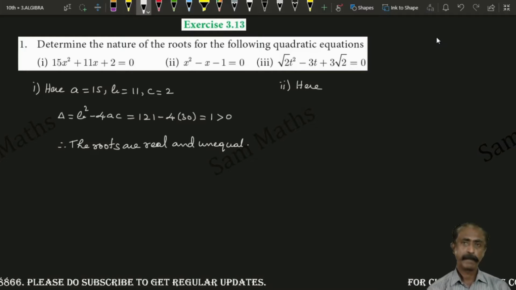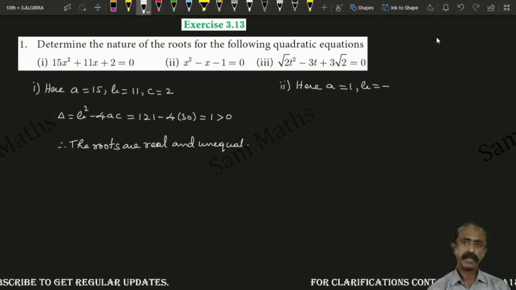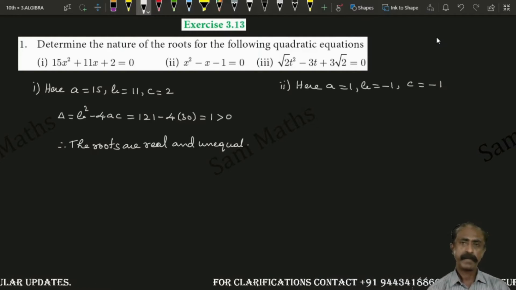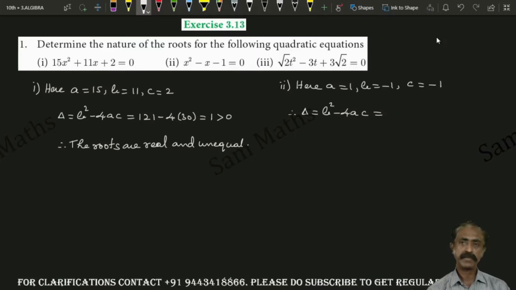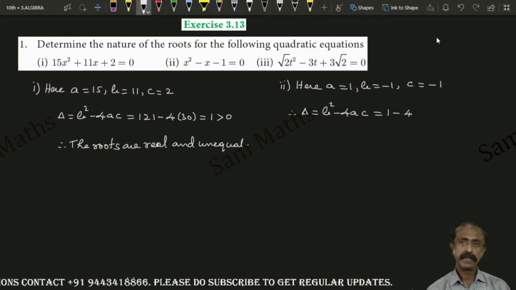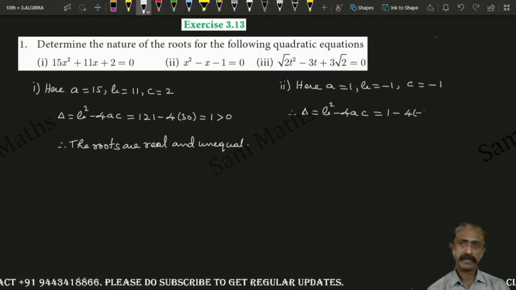Second question. Here, a is equal to 1, b is equal to minus 1, c is equal to minus 1. Therefore, delta is equal to b square minus 4ac, equal to minus 1 the whole square, which is 1, minus 4 into a into c, that is minus 1.